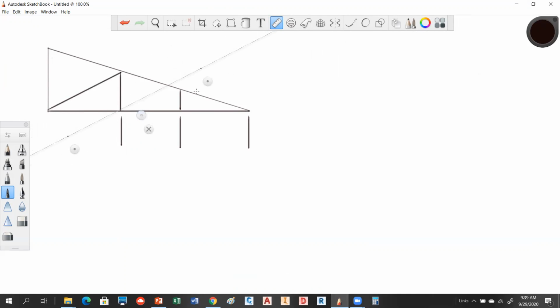And another member here. Like that. Okay, so there's my truss. Let me get my loads on there. Load here, load here, load here. Oop, wait a minute, there isn't a load there. Let me get rid of that. That would change the whole scenario. Okay, so just two loads.